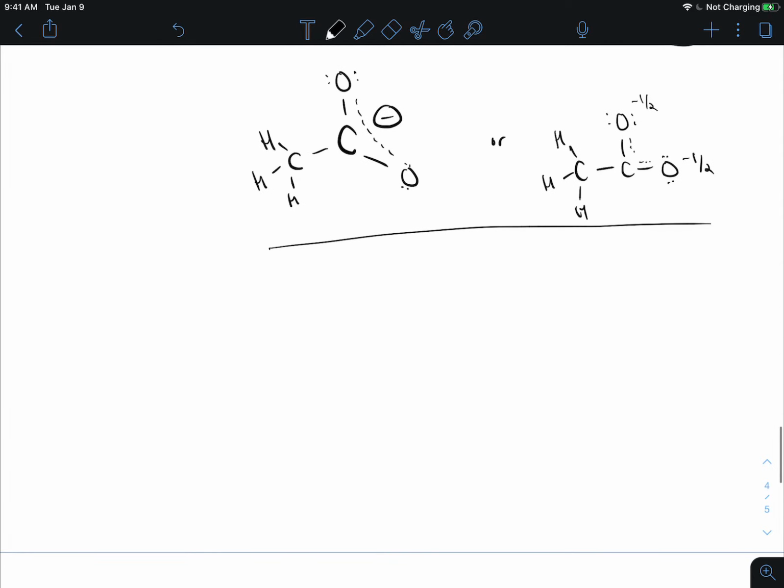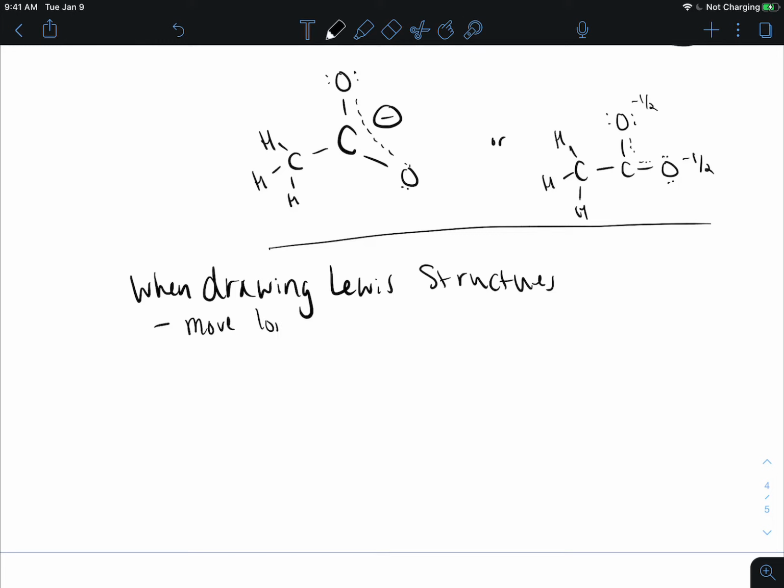So when we're trying to draw resonance structures, this is what we're going to do. We're going to move lone pair electrons, or electrons in multiple bonds.